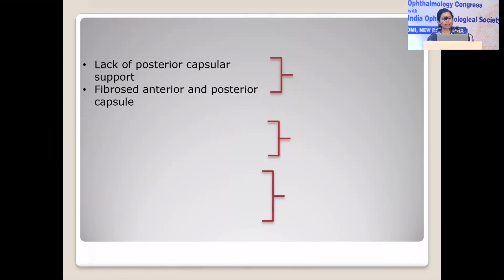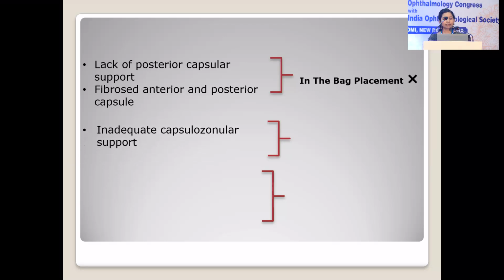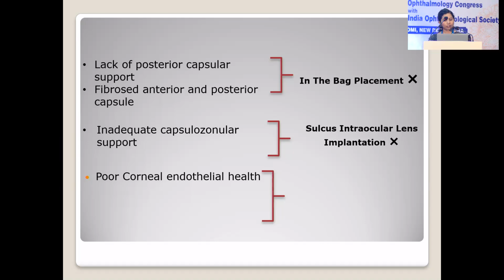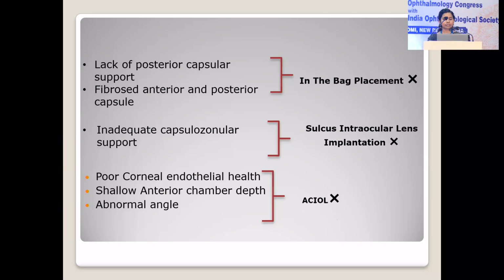If there is lack of posterior capsular support, or if there is a fibrosed anterior and posterior capsule, then in-the-bag placement is difficult to do. If there is inadequate capsulozonular support, sulcus intraocular lens implantation should not be considered. If there is poor corneal endothelial health, shallower anterior chamber depth, or abnormal angle, anterior chamber intraocular lens is not a good option.